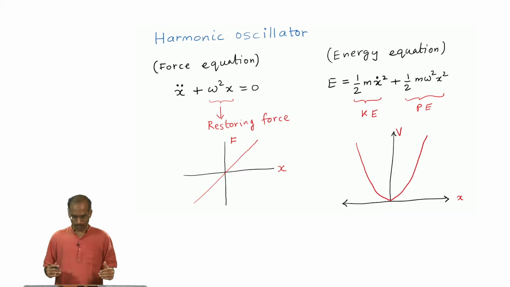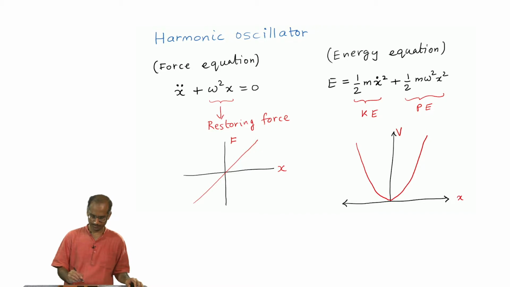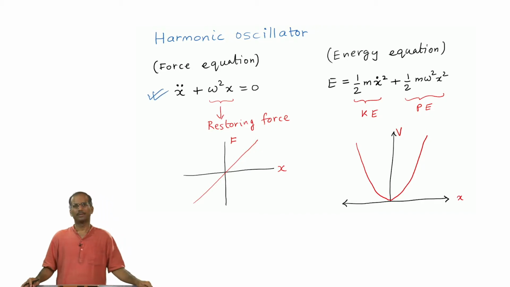To take the first step towards chaotic dynamics, let us look at the standard simple harmonic oscillator, but in a slightly different light. So, we have been most of the time dealing with the force equation of this type, x double dot plus omega square x equal to 0.